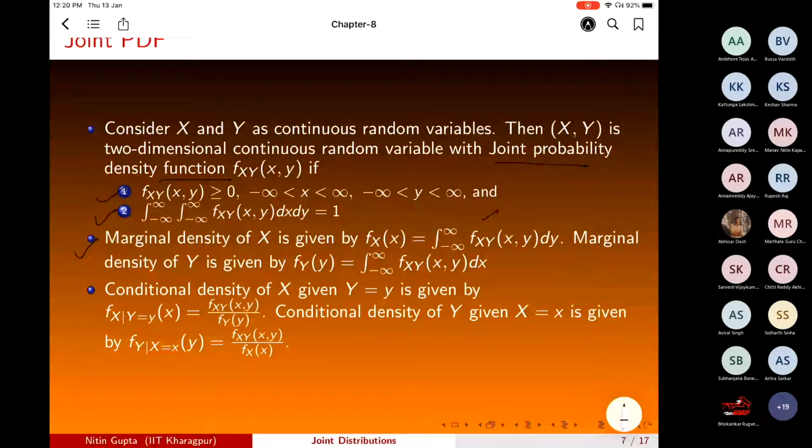Similarly, the marginal density of y is obtained by integrating over x. The conditional of x given y is the joint over the marginal of y. Similarly, the conditional of y given x is the joint over the marginal of x. So in the same fashion, you can do it for the continuous case also.